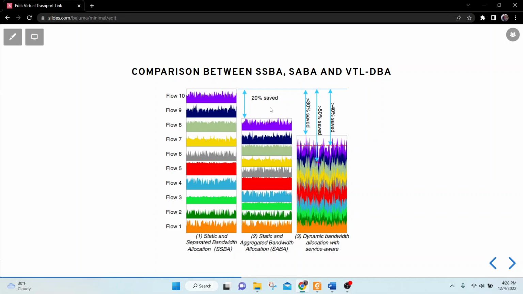VDBA is a virtual transport link dynamic bandwidth allocation with service awareness. In figure one, you can see it cannot save traffic allocation, but in figure two, it saved 20% of the traffic allocation. But when they use VDBA, it can save around 40% of the traffic allocation. So it is better than the other two methods in this paper.